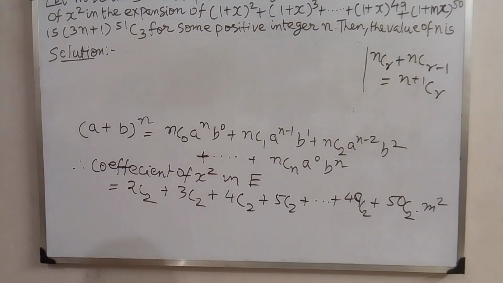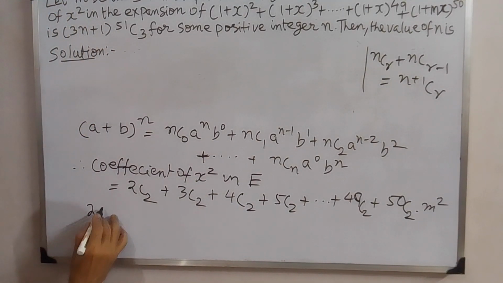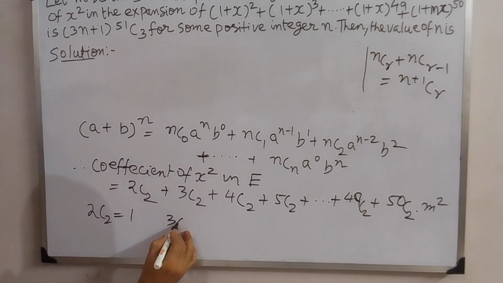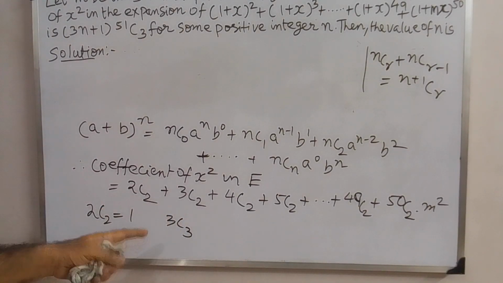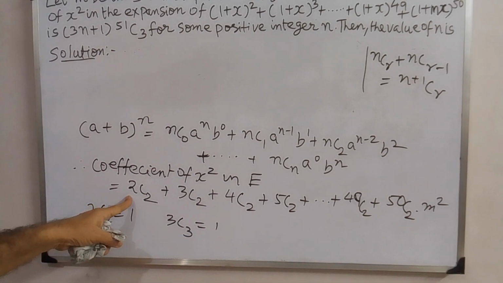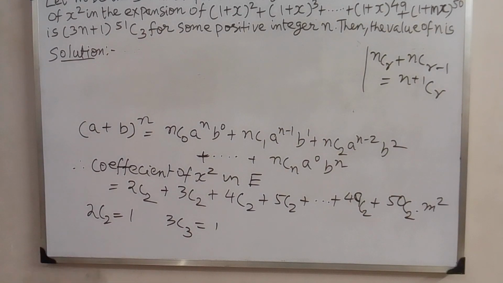Okay, now see here. Here 2C2 is what? 2C2 is 1. That is the same as 3C3. 3C3 is also 1. So in place of 2C2 I can write 3C3 because both values are 1.